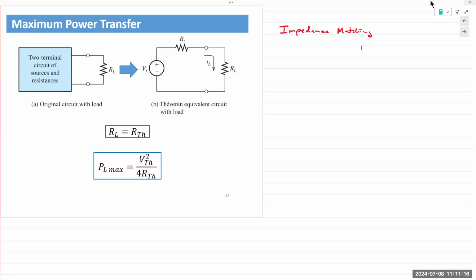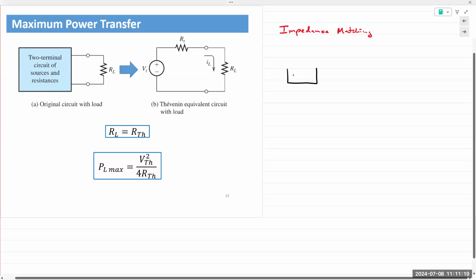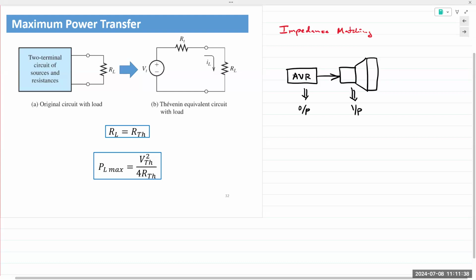So an amplifier or an audio system connected to a speaker will have some output resistance for this AVR output, and then the input specification of the speaker.